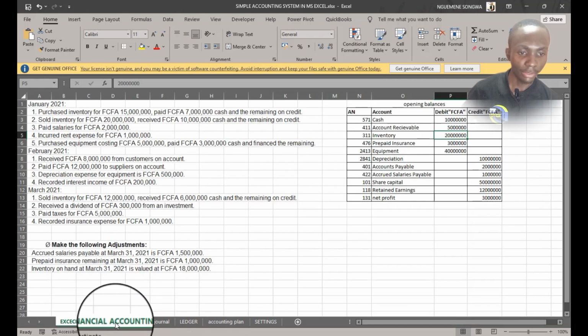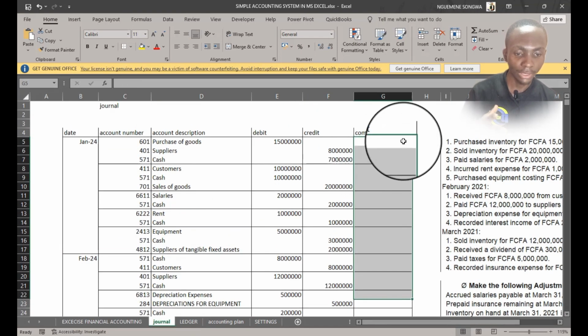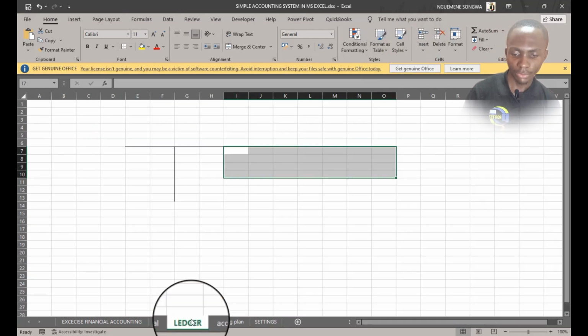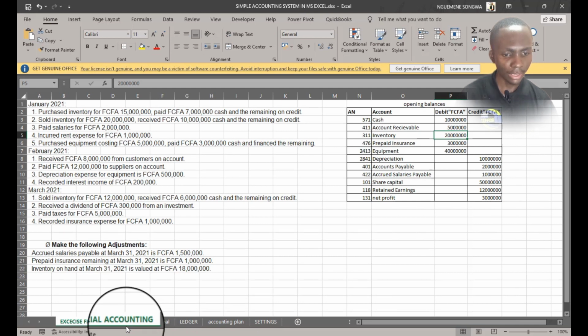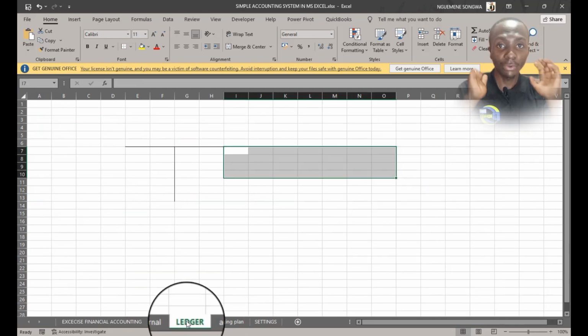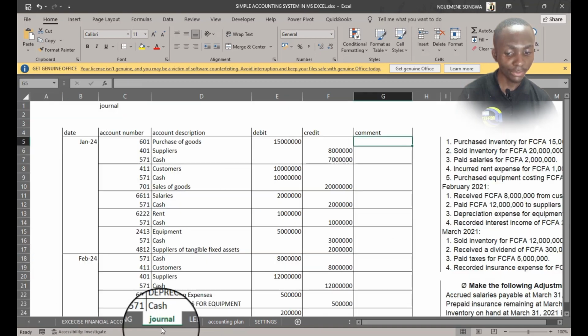Had it been the opening balances, I recorded the opening balance at the level of the journal and mentioned at the level of the comment that they are opening balances, it could have been much more easy. But in this case, I think we will be creating the ledger, because the ledger account does not only focus on the movements, but also takes into consideration the opening balances of every account. As a result, in making this, I should integrate at the same time the opening balances and the movements from the journals.